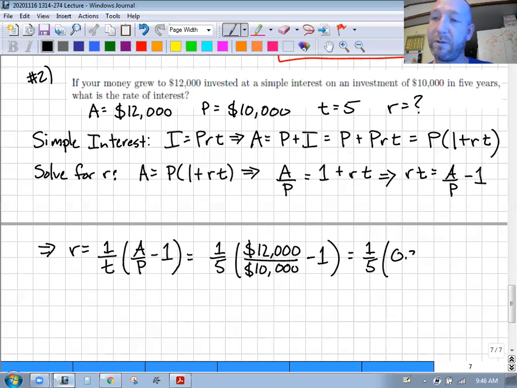This is 0.02. All right. So 0.02 divided by 5 is 0.04, or 4%.